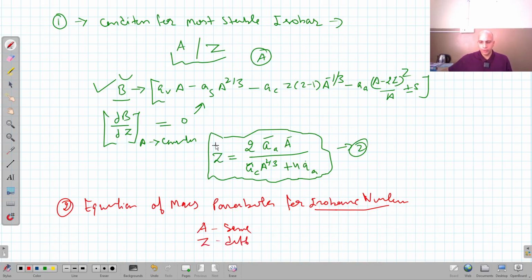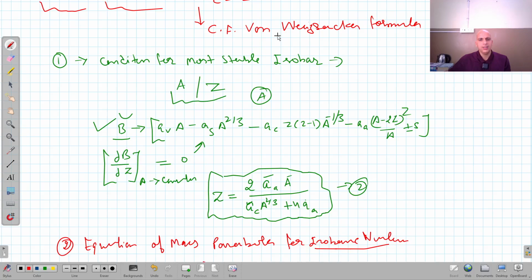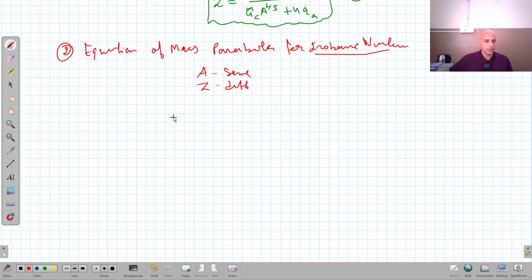So we know very well that I have written this expression for M(A,Z), the mass of atomic nucleus, in terms of the mass of proton, mass of neutron, and different energy contributions. Now, if I rearrange this equation, I can write it in this way.